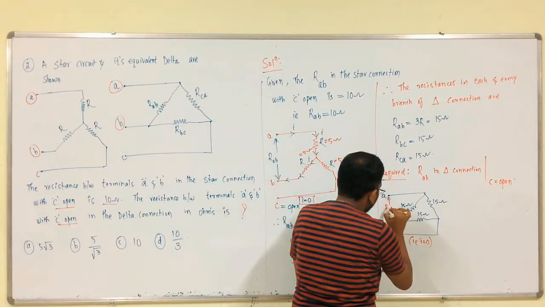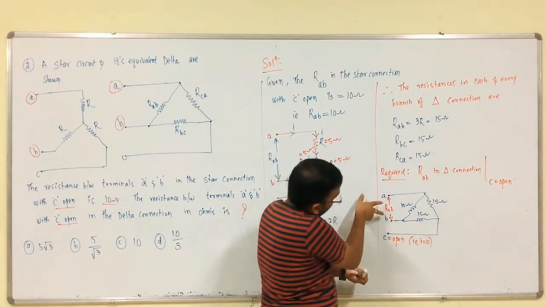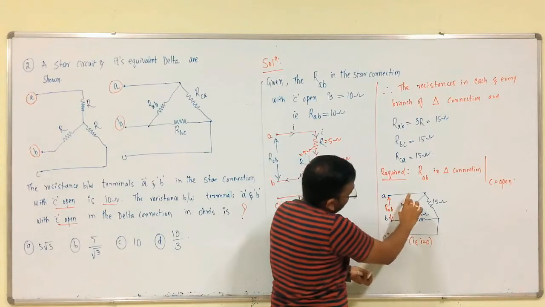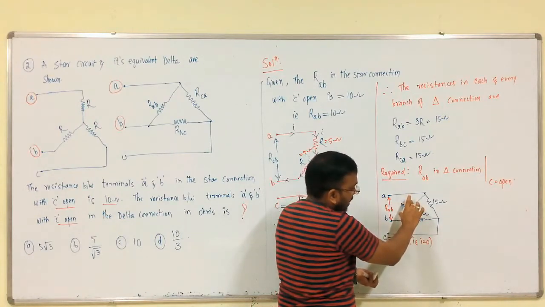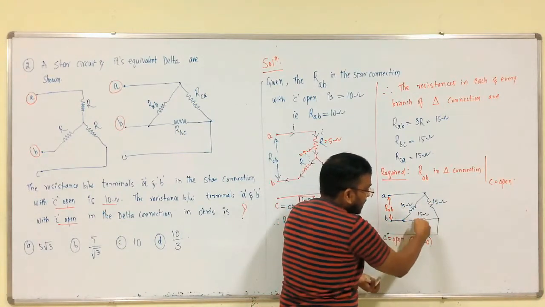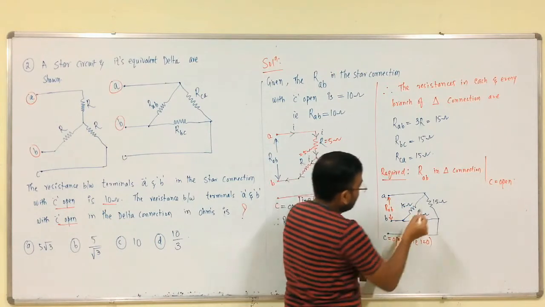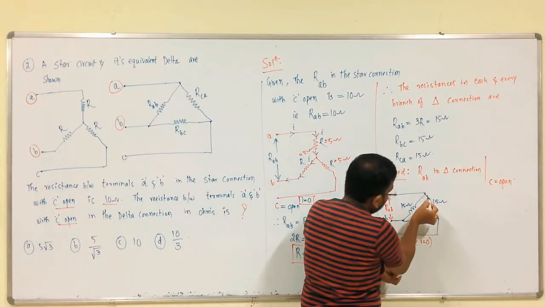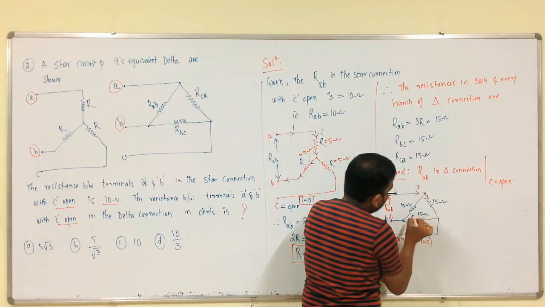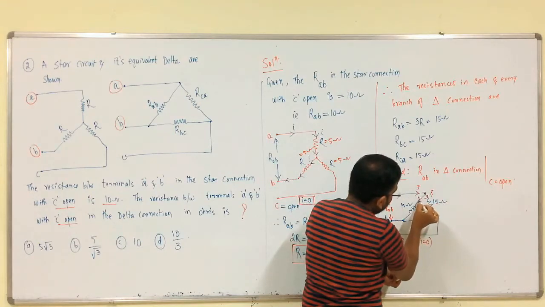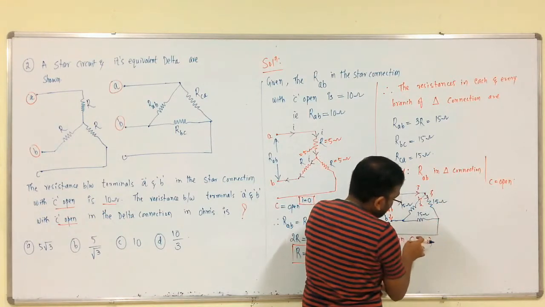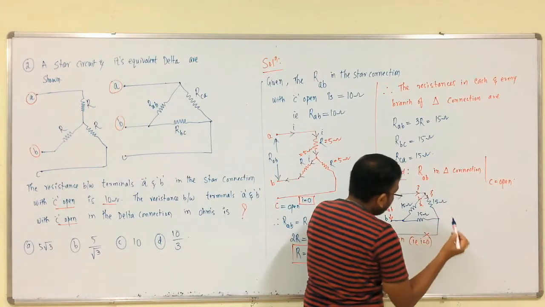We all know the formula. If we look between these two terminals, this 15 ohm branch is connected in parallel with the series combination of these two. See, this is I, for example, this is I 1, this is I 2. This is open, there is no current through this branch.